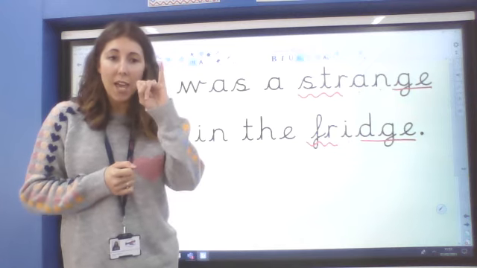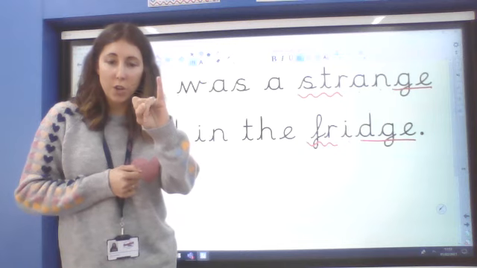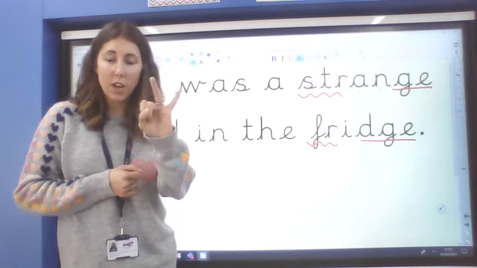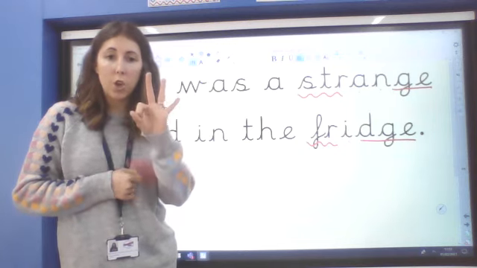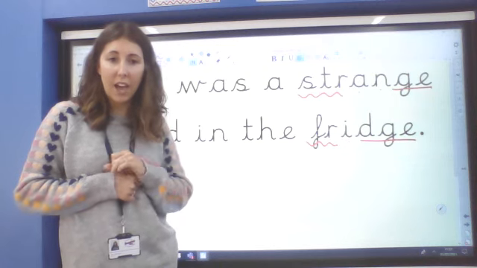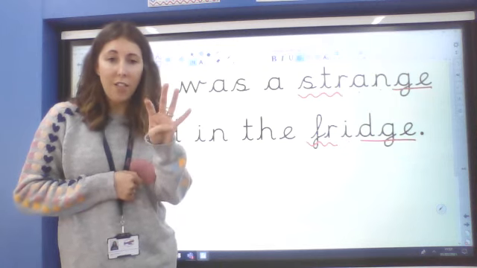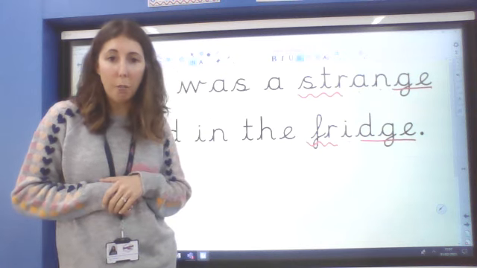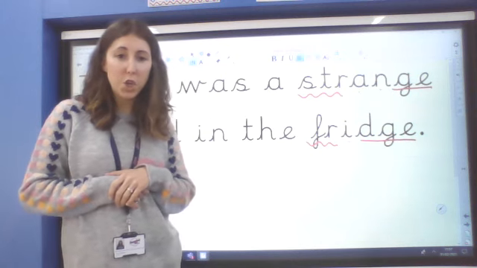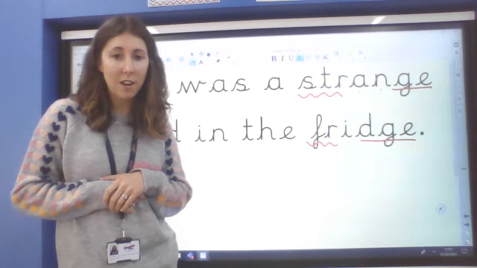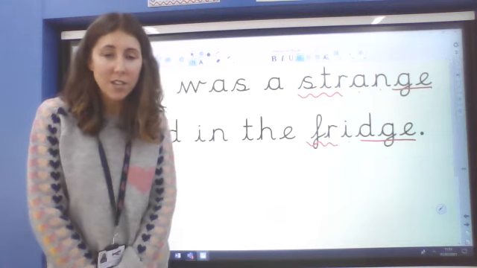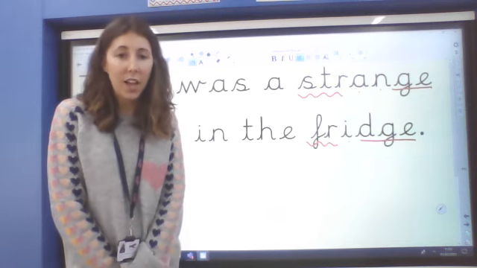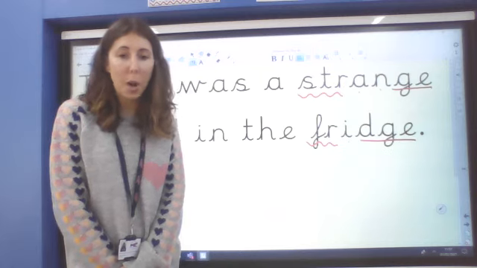It was a challenge to sledge down the huge hill and dodge the large bumps. 5 of our J words in that sentence. It was a challenge to sledge down the hill and dodge the large bumps.